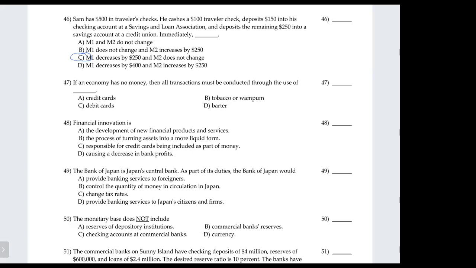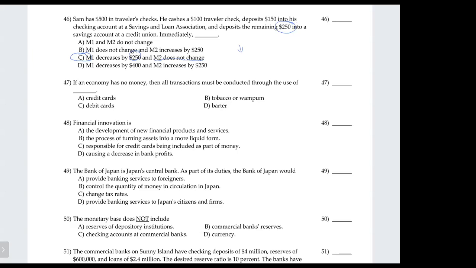And here, the M1 is going to decrease. Why? Because he deposited 250 in the savings account. But why M2 doesn't change is because you decrease M1 by 250, but then you increase your savings account by 250, so they just balance out.